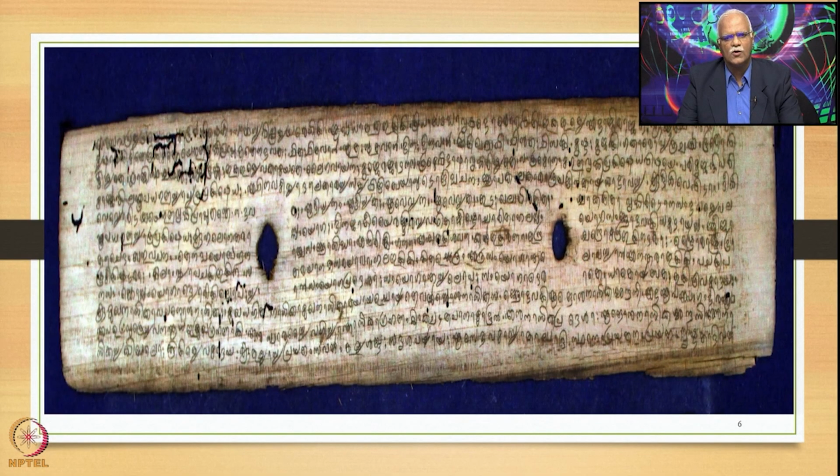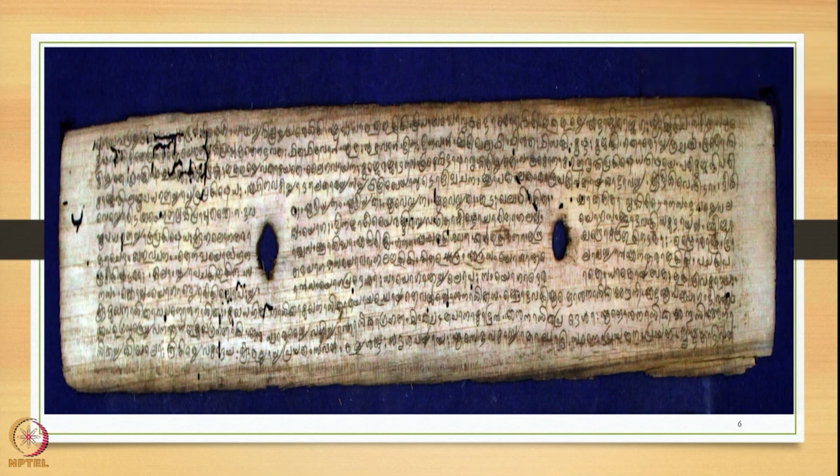If you take a closer look at one of them, you will find these following pictures and these letters. Now you see, these are letters written one after another without there being any mark of any break in terms of a unit.